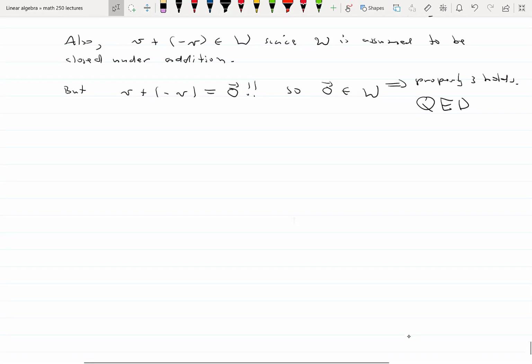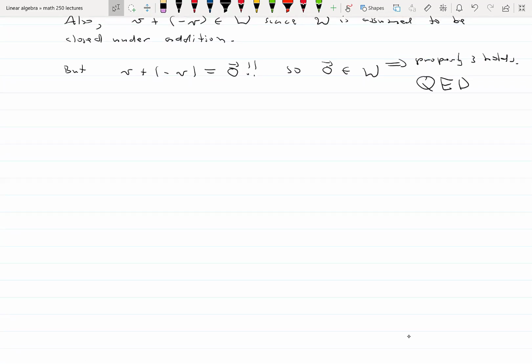Okay, I want to look at a couple of examples here before we move on. Enough of the theory for now. So let V be a vector space. Is the set that only contains the zero vector a subspace of V?